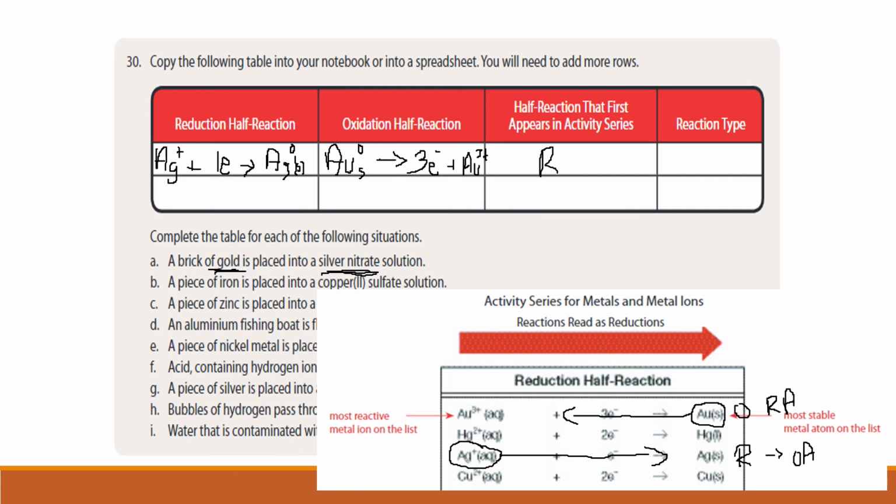It's my reducing agent, because my strongest reducing agent is at the top, right here. This one is above the other. The reaction type would be non-spontaneous. This means this reaction will not happen unless I do something like add electricity into it.